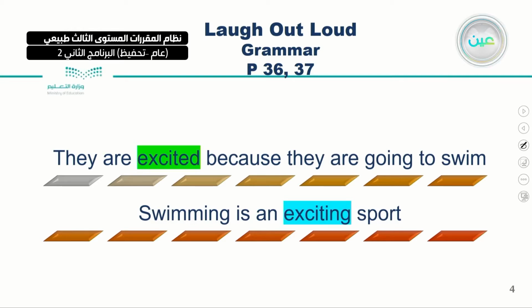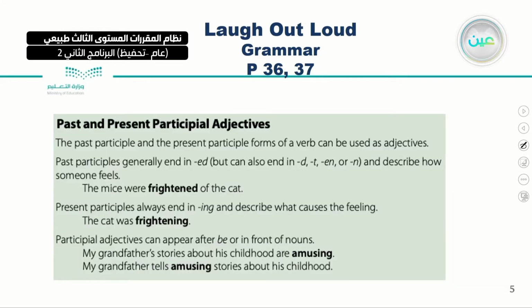Now, if you open your book, pages 36 and 37, here you will find the past and present participle adjectives, and actually, let's read together, guys. Will you help me with that?